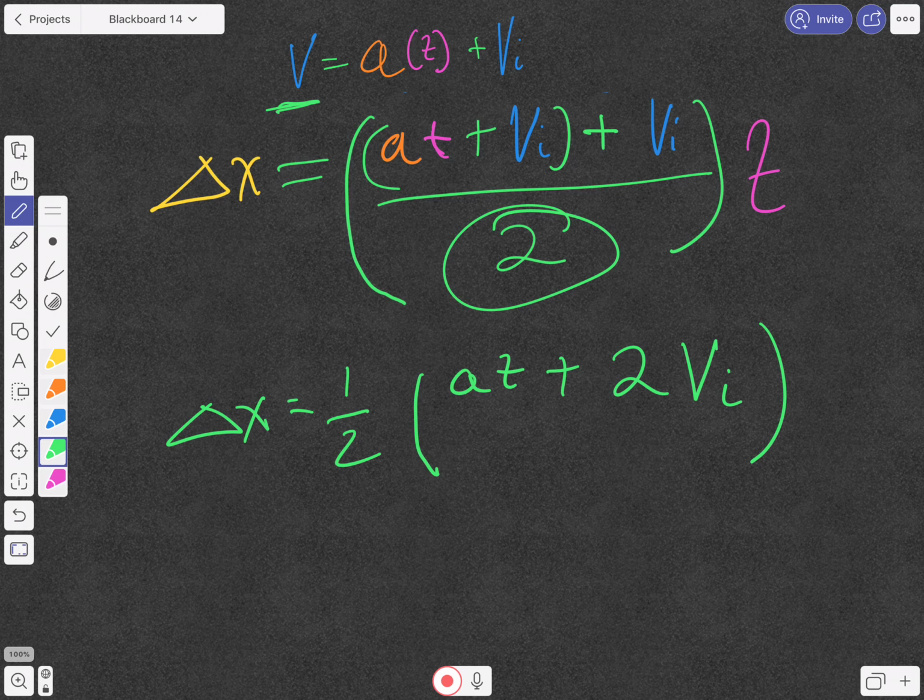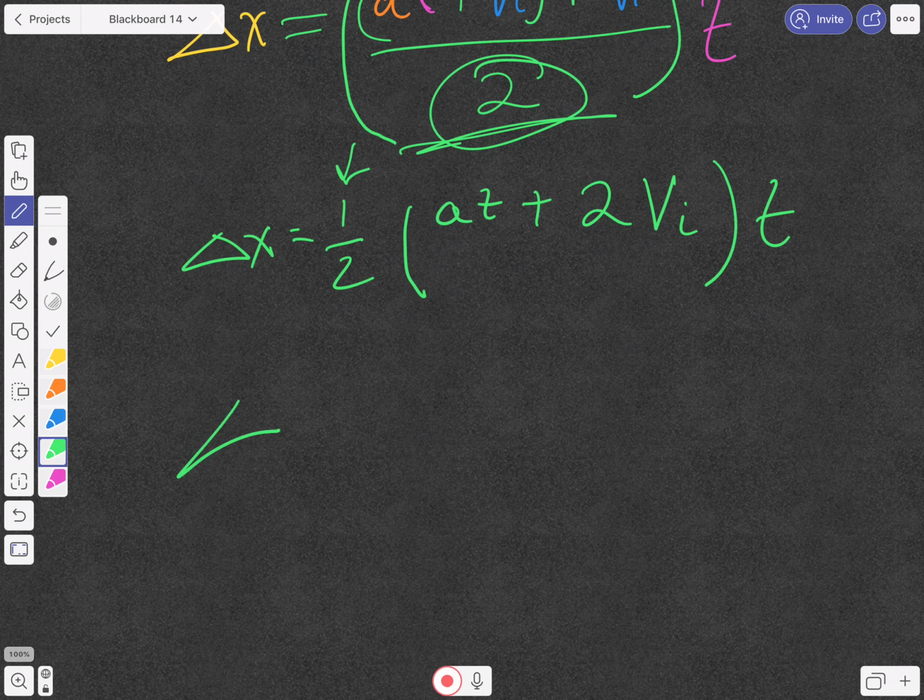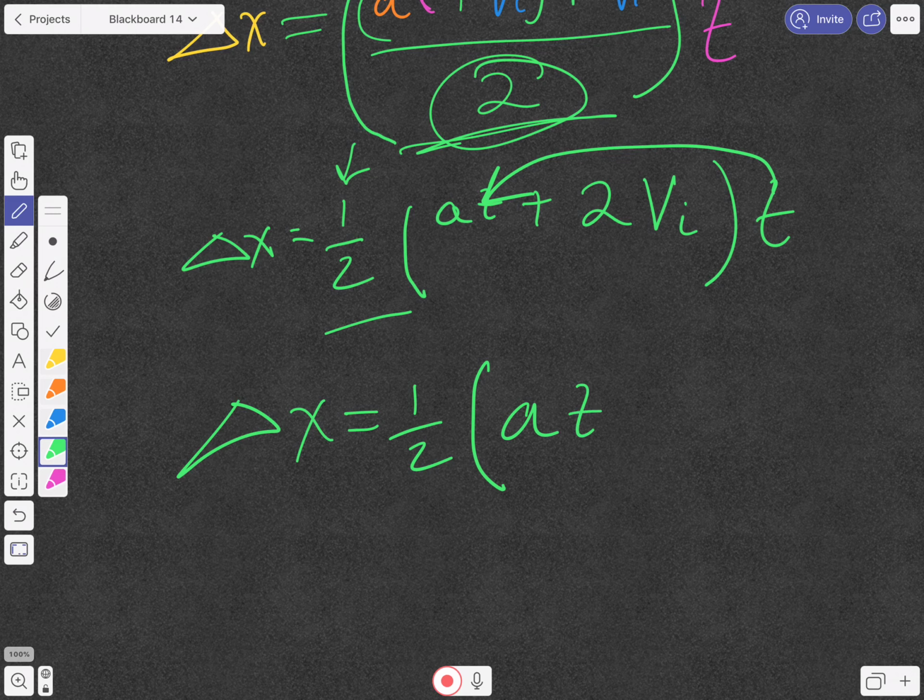I'm going to close this bracket, and again this 2 has been moved out here, and we have our time out here. So now we have to distribute the time. I'm going to leave this half out in front. A times t would be t squared, plus 2 velocity initials times time.